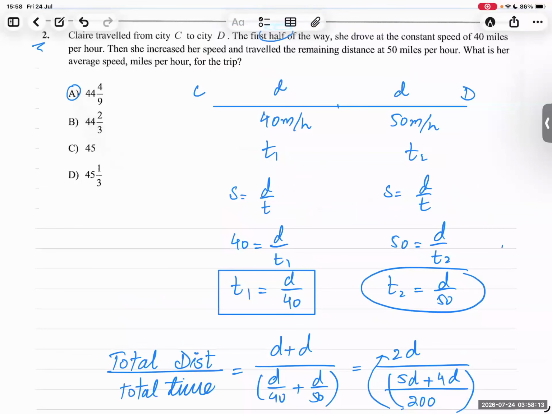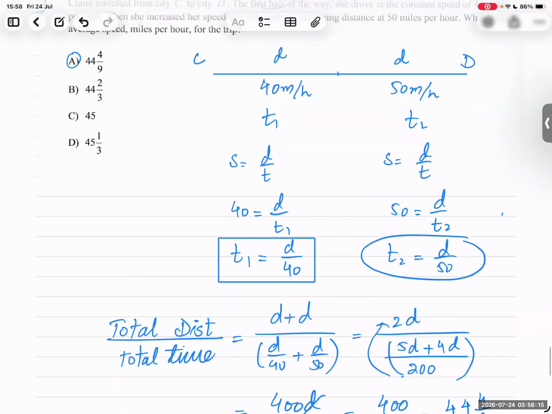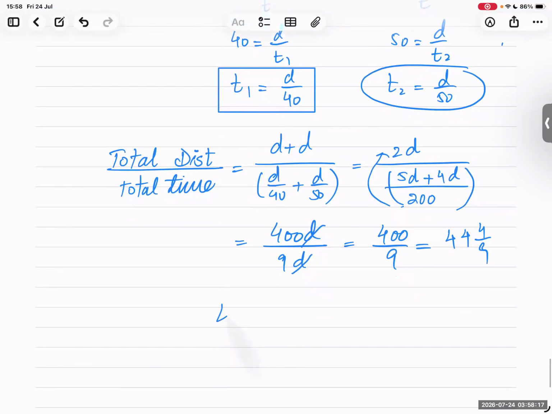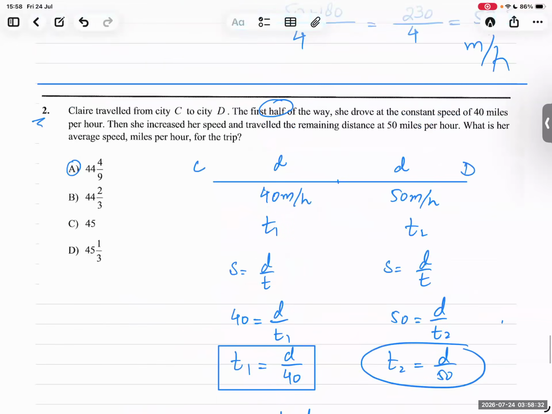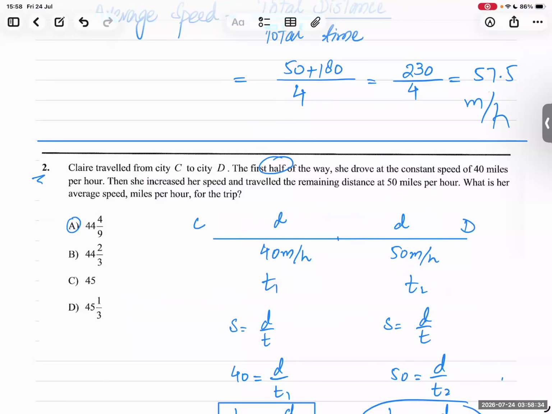So that is going to be 44 4 by 9. 9 4s are 36, 4 by 9. Yeah, that's it. So that would be your average speed in this regard.